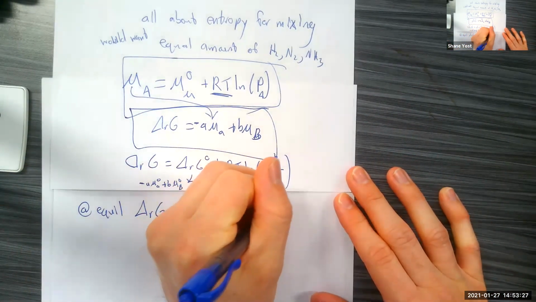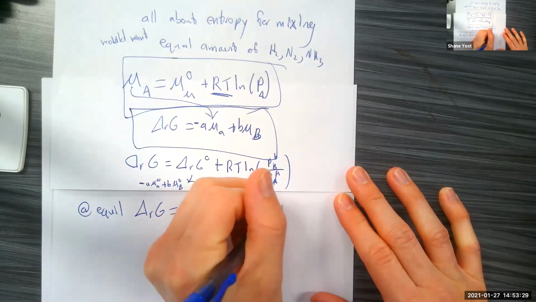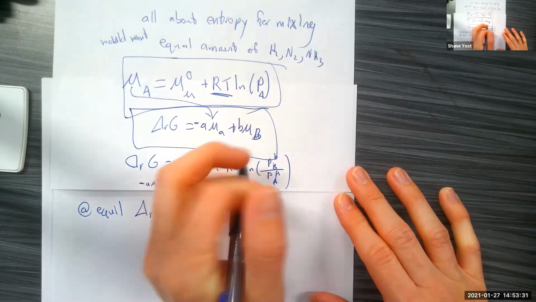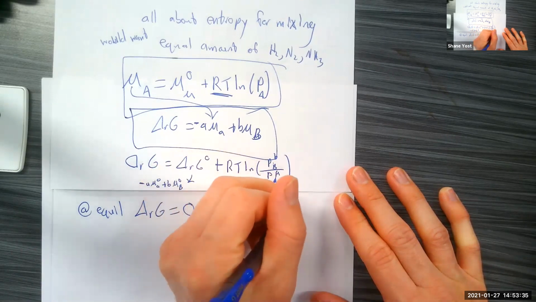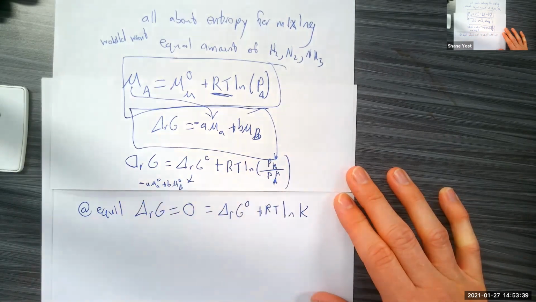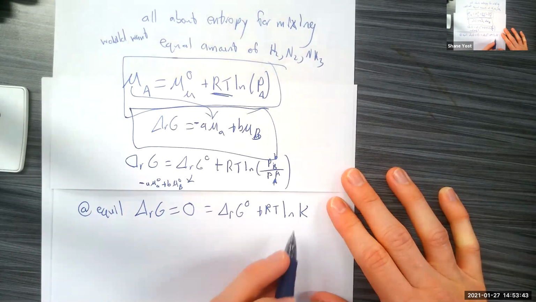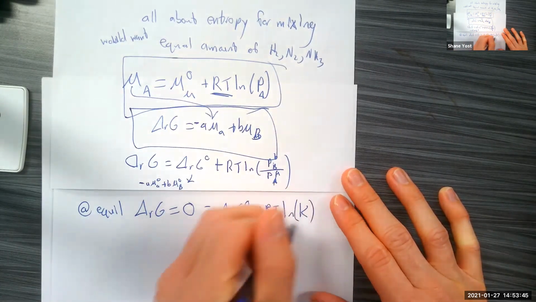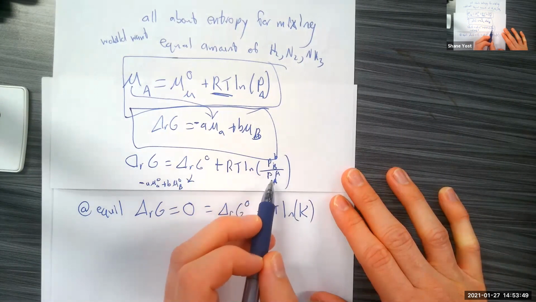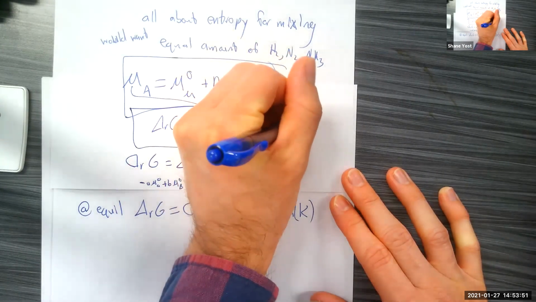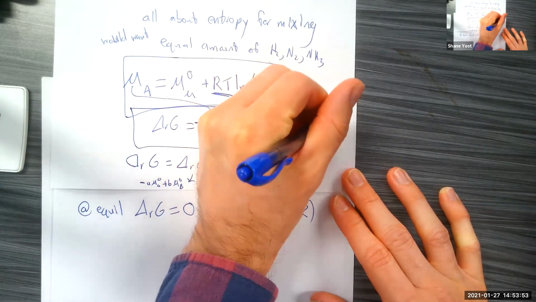Plus RT ln, and I'm just going to write K here, being your equilibrium constant, which is related to P_B for the reaction aA going to bB.